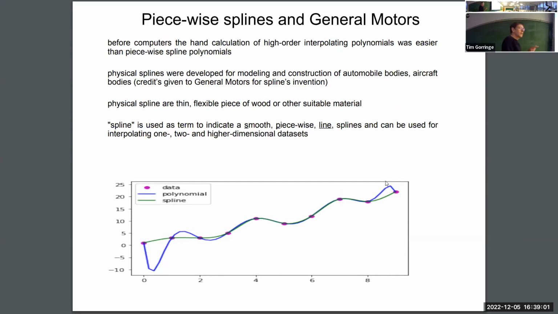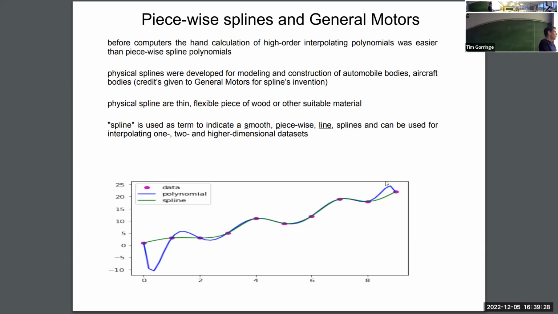It's interesting that the credit for the invention of splines is given really to General Motors, because splines are important in the design of, say, car bodies or aircraft bodies. And the first splines were physical splines rather than computational splines.